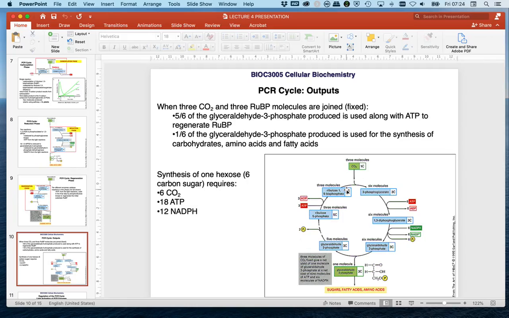So that means for a plant to synthesize 1 hexose molecule, so 1 6-carbon sugar, it requires 6 CO2s, 18 molecules of ATP, and 12 molecules of NADPH. So it's relatively energy expensive to make a single sugar molecule.